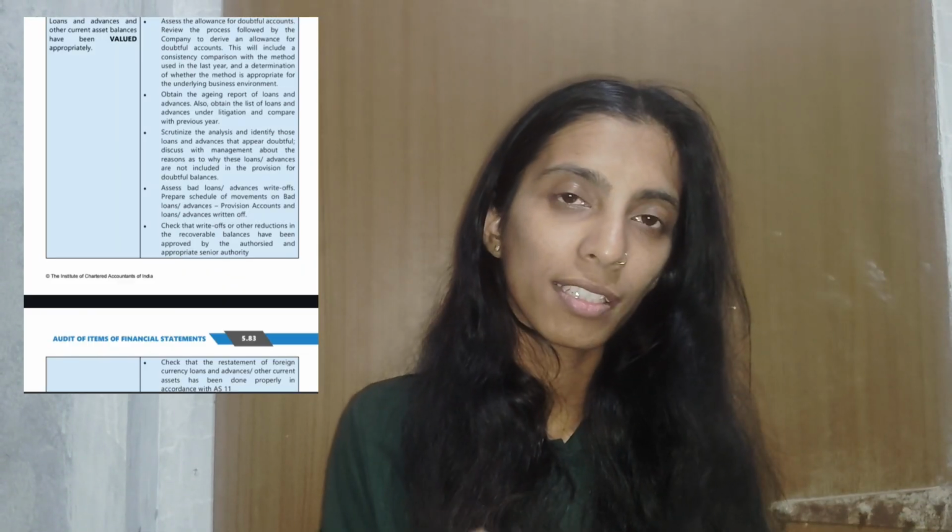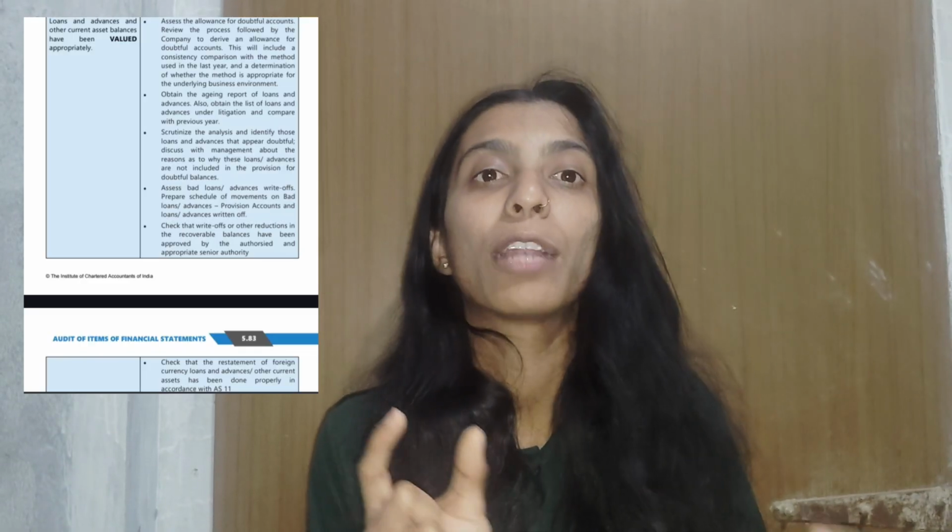That word, valued, okay? If you find the words loans and advances and valued appropriately, you can write this answer. The first point is a bit lengthy, that's why I'm skipping that point. It doesn't mean that you need to skip that point, but you only have to write 4 points, so I'm just skipping it.